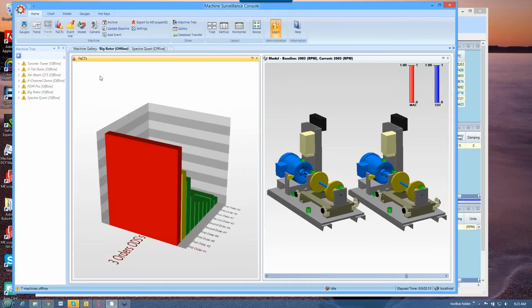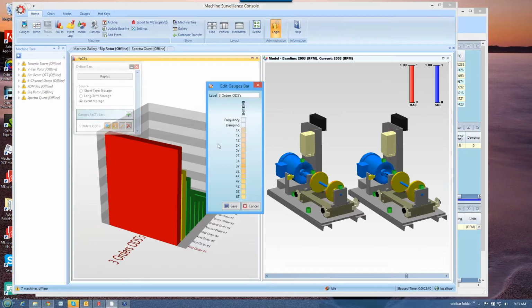Now, how did I define this? Well, let's just take a quick look at how this got defined. Define the bars. I'm going to use my event storage. We've got other storage in this database called short-term and long-term. The event storage is the snapshots that I've already identified in my event log. And now if I open this up to take a look at it, here's the shape table that Emiscope logged into the database, and we're going to select all of the different components of the data.